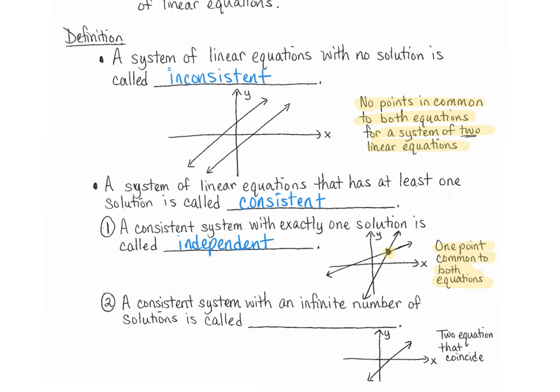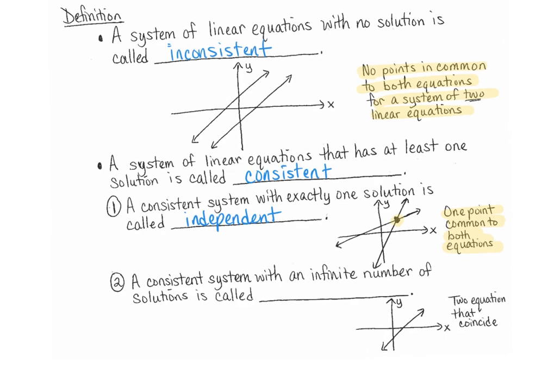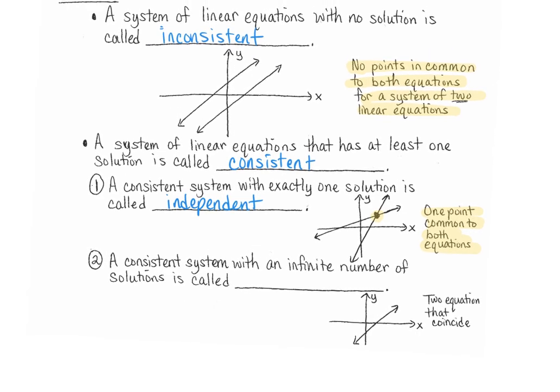A consistent system with an infinite number of solutions is called what? If it was independent for exactly one solution, it's dependent for infinitely many. Very good. Your intuition is great. Make sure you remember this. A consistent system with an infinite number of solutions is called dependent. So in other words, these two equations, there should be an S here.